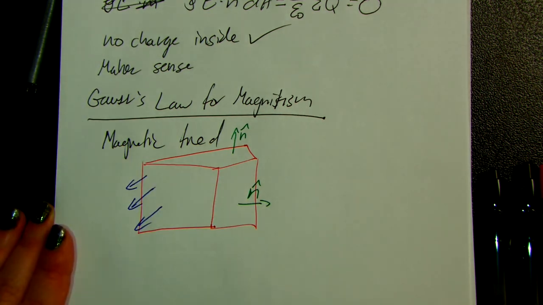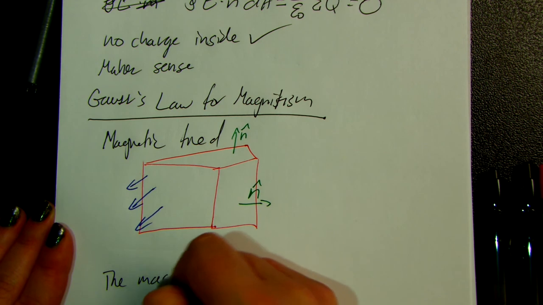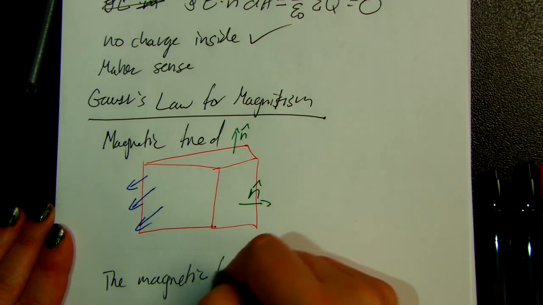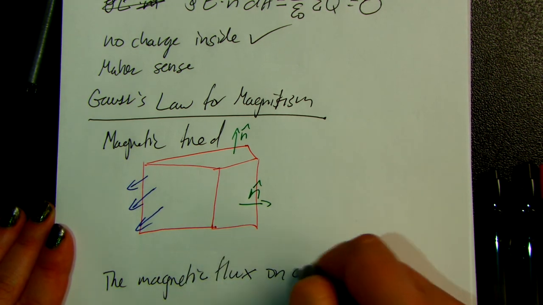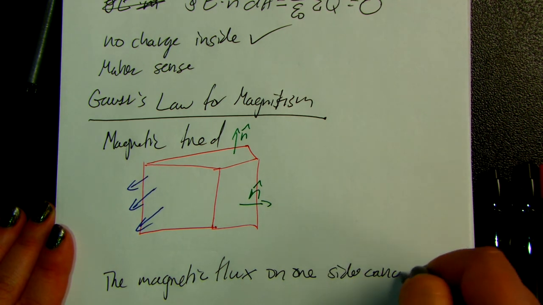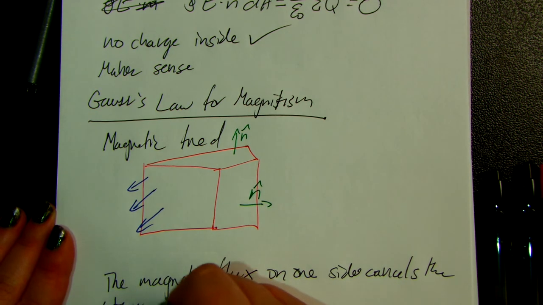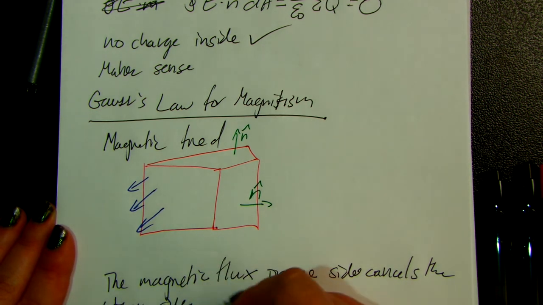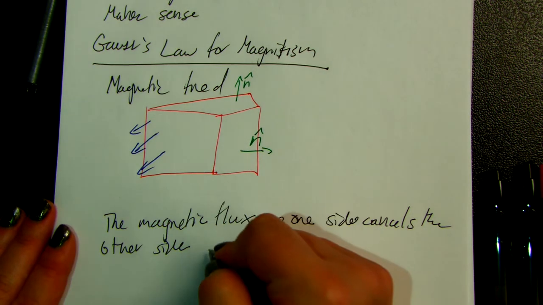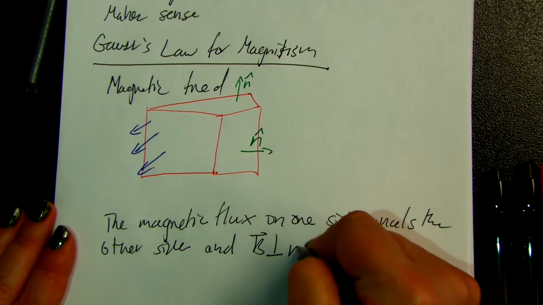You can find better pictures in your book and online. All right, so the magnetic flux on one side cancels the other. And for everything else, B is perpendicular to n hat.